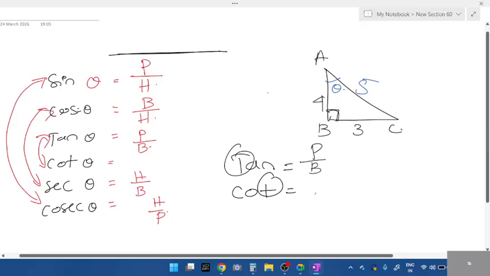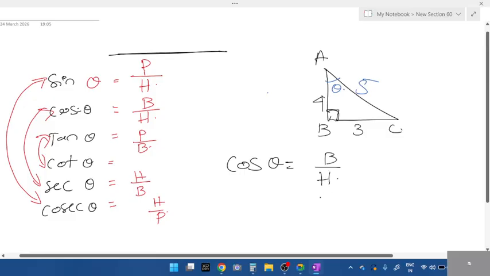Perpendicular by base. So what is the opposite of perpendicular by base? Base by perpendicular. They are one pair. The values will be opposite. Next, cos theta. What is cos theta? Base by hypotenuse. What is the opposite of cos theta? What is the arrow I drawn? Sec. If I write this, can you see S and C? Right, first and last.